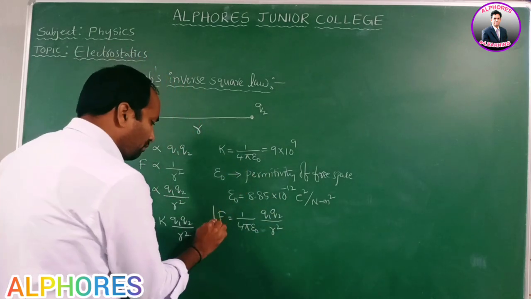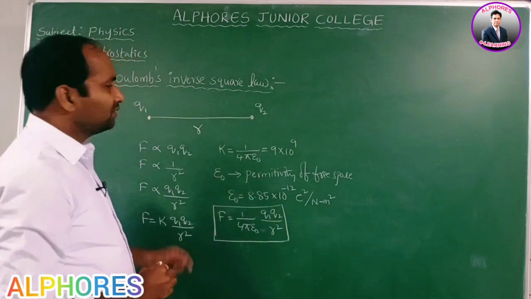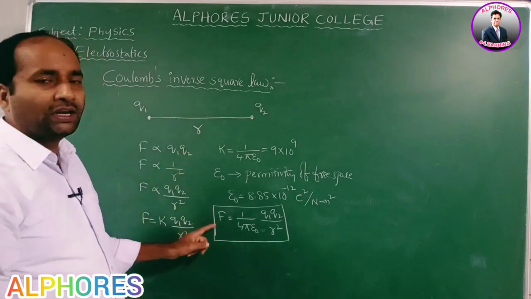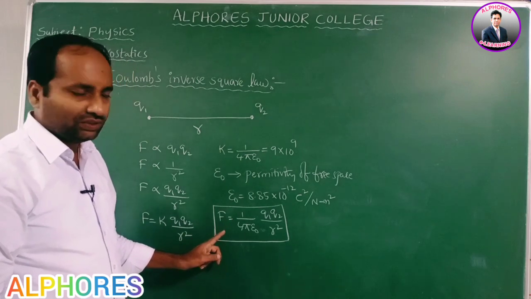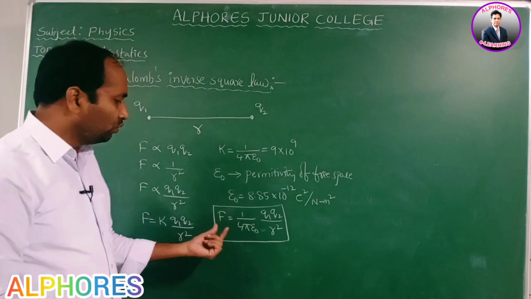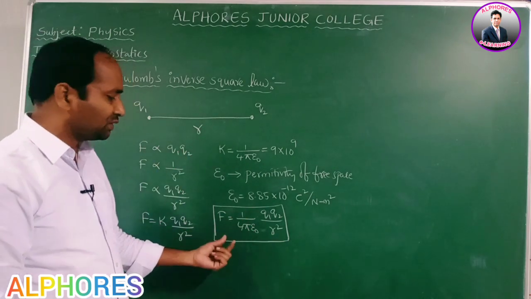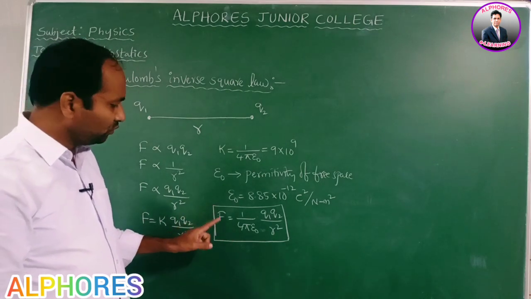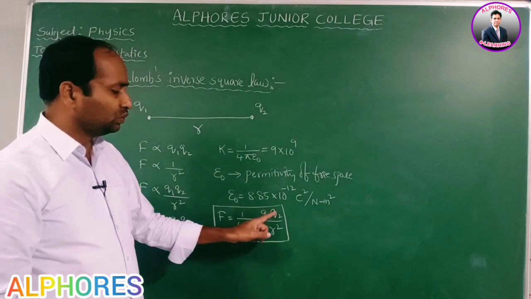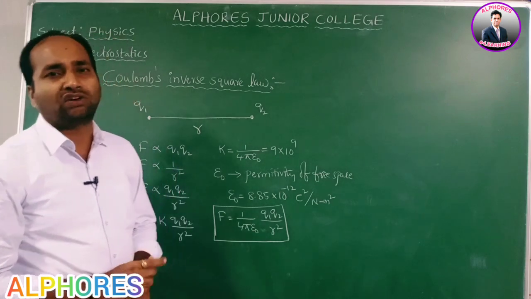So this is the magnitude of the force between the two point charges Q1, Q2 when they are separated in free space or air. If it is any other medium, it is different. This formula is only for two charges separated by a distance in free space. But we know that force is a vector quantity.